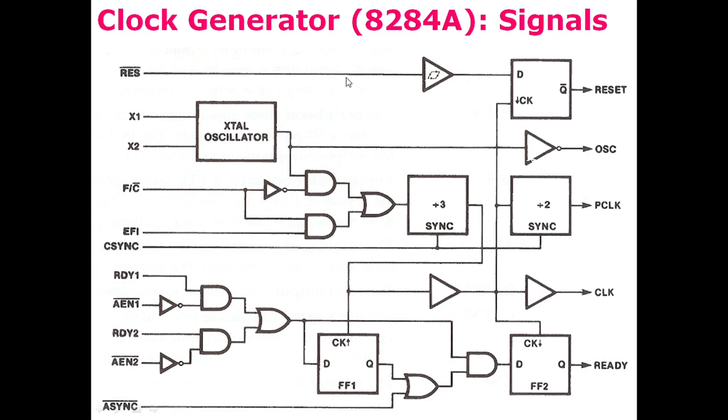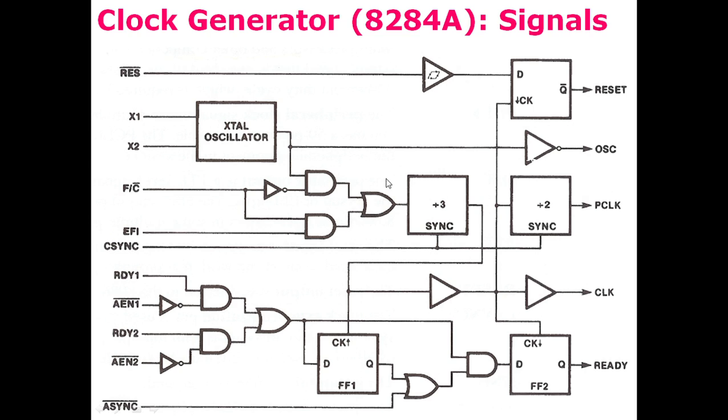One is driven by the other, and then there is an external frequency and crystal selector. Here we have an input which is the external frequency input. The frequency input given to this generator is either a crystal or an external frequency input, which may be coming from another clock generator.